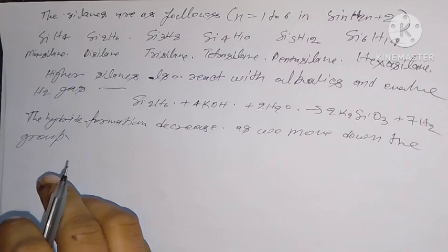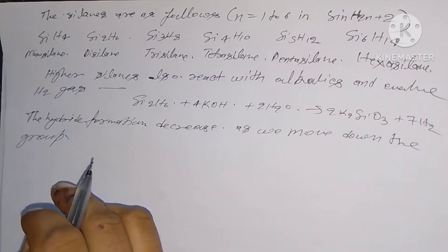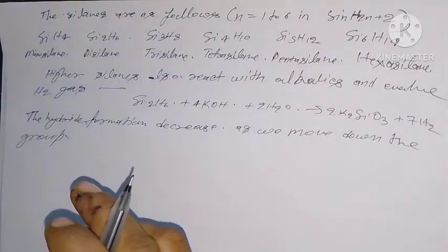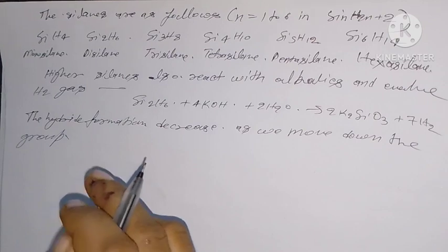Germanium also forms GeH4, Ge2H6 and Ge3H8 etc. These are prepared by heating germanium oxide with LiAlH4.